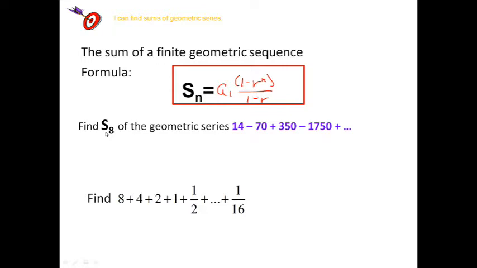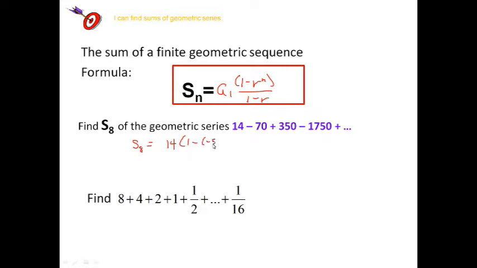So if I want to find the sum of the first 8 terms of the geometric series, I can just plug in. This one I don't have to find the 8th term. So s sub 8 is going to equal 14 times 1 minus, looks like I'm multiplying times negative 5 here.